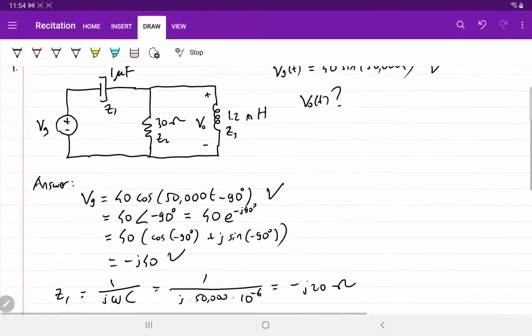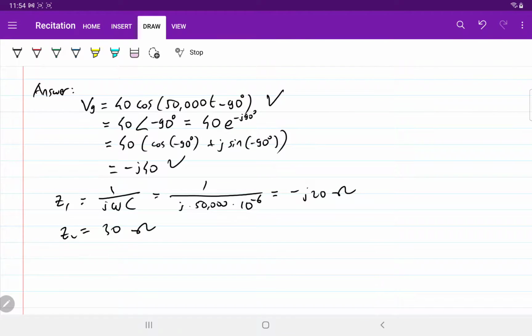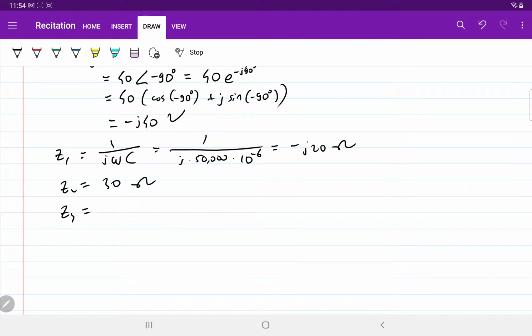Z2 is a resistor, so the value remains the same, 30 ohms. Z3 is j omega L, since it is an inductor, so j times 50,000 times L, 1.2 milli is 10 to the power minus 3. So this is equivalent to j60.